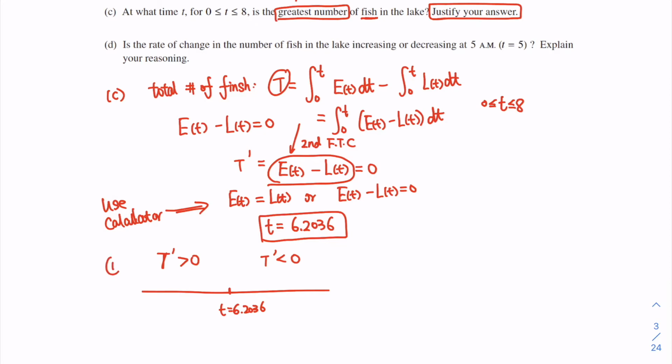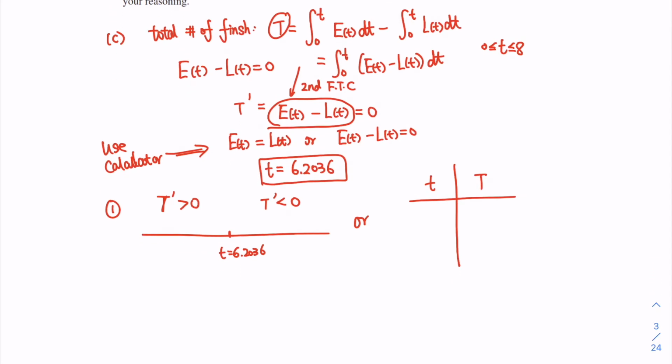That's the first way. Or you can make a table. This is our time t. This is the total amount of fish there. So t, because it's a closed interval from 0 to 8, so 0, 8, and our critical point.